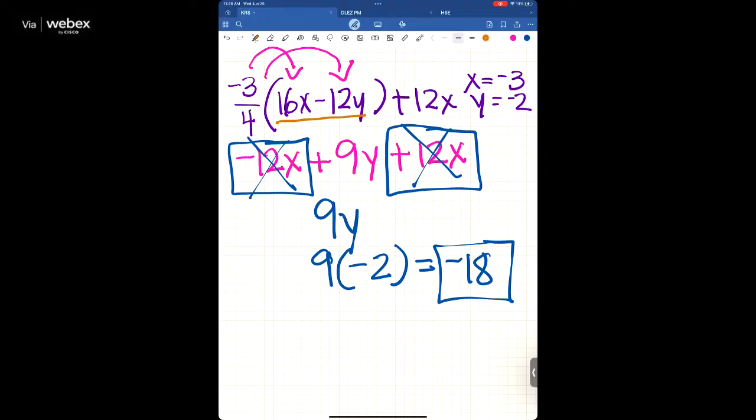So multiplying -3/4 times 16x, multiplying -3/4 times -12y, and then I brought my values down and I simplified it, put my -2 where y is, and I got -18, and that's the answer. And that was simple. Super simple. So simplify, make it super simple, and then solve.